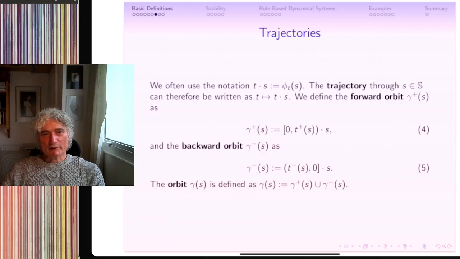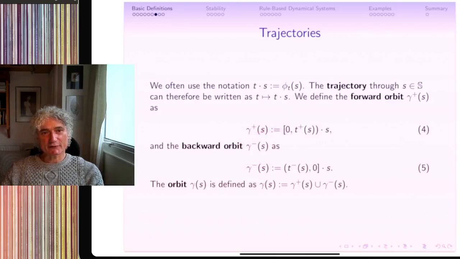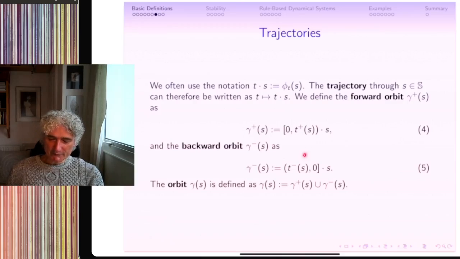And the backward orbit is defined similarly. In this case, of course, we shift backwards. So we can use all the shifts for all the backward times for which the orbit is defined. And then the whole orbit going through s, gamma of s, is defined just as the union of the forward and the backward orbit.